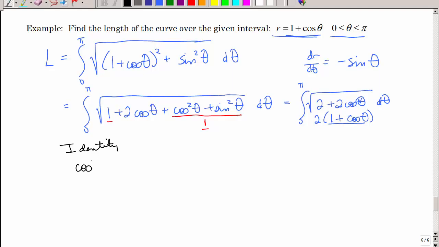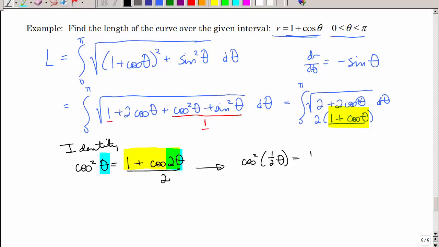And let's see, I kind of remember that cosine squared theta equals 1 plus the cosine of 2 theta divided by 2. This kind of looks like this, except for the 2. And then I remember that those angles just have to be double each other. So could I write it a different way? Could I say the cosine squared of half theta equals 1 plus the cosine of 1 theta divided by 2?